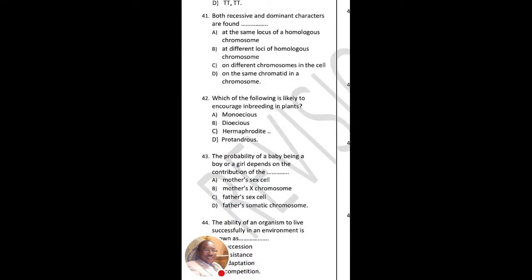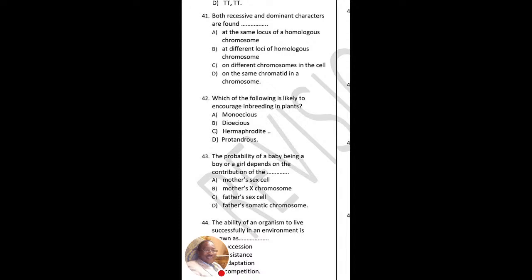Which of the following is likely to encourage inbreeding in plants? A, monoecious plants, B, dioecious, C, hermaphrodite, D, protandrous. Definitely monoecious plants are plants that have both male and female flowers on a single plant, while dioecious are plants that have male and female flowers on different plants.